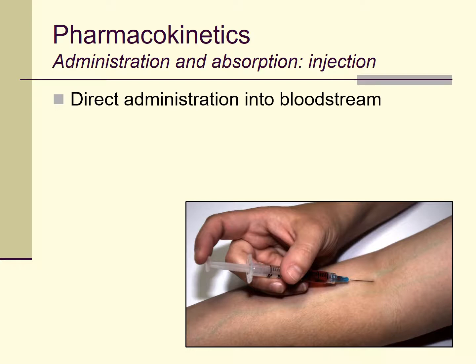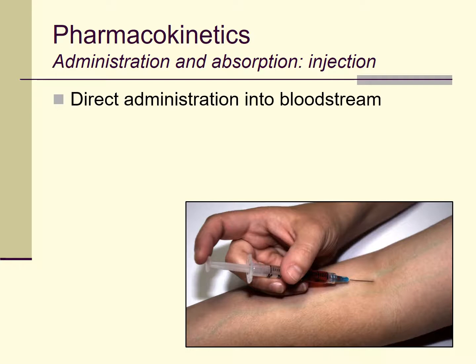So if you were to try to inject into your artery, it would be relatively difficult to do that. You would probably have some blood spurting out, and you might lose some of the drug that you're trying to inject. When people inject drugs into their circulatory system, they almost always inject it into the vein, which is where the blood is returning to the heart to be recirculated. There's less pressure there. It's easier to get the drug to go in.